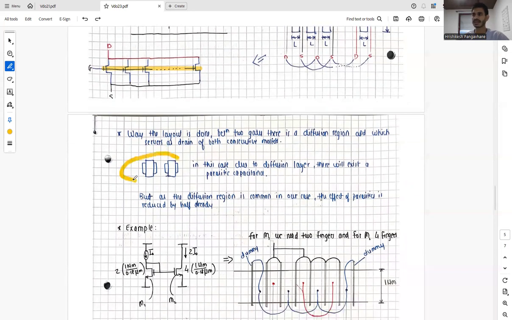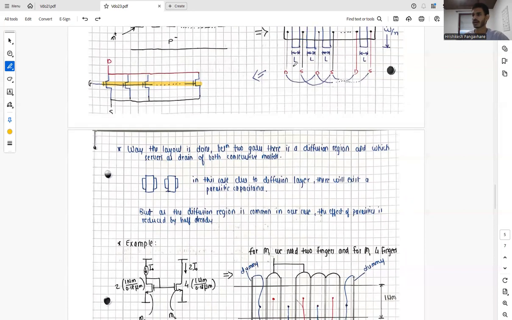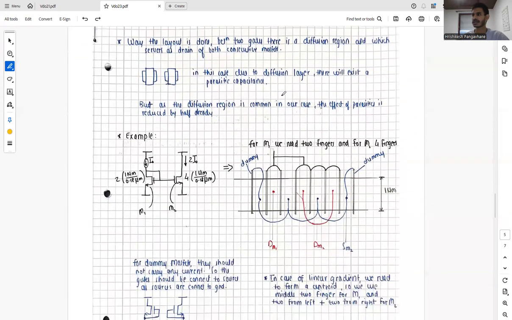And let's say if that's not the case, then due to the diffusion layer over here, there will exist a parasitic capacitance between these two. But as the diffusion region is common in the case we implement, the effect of parasitics is already reduced by half.